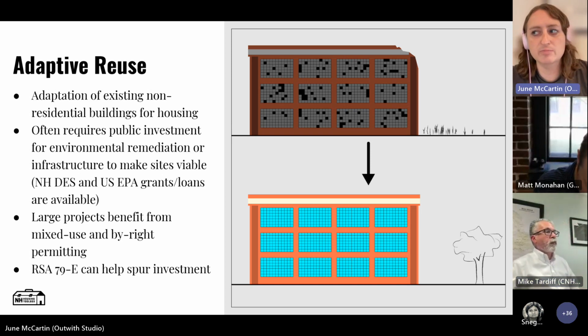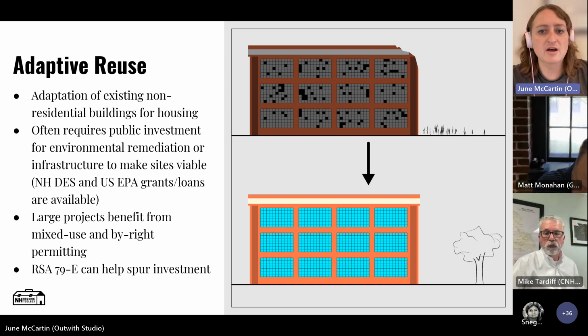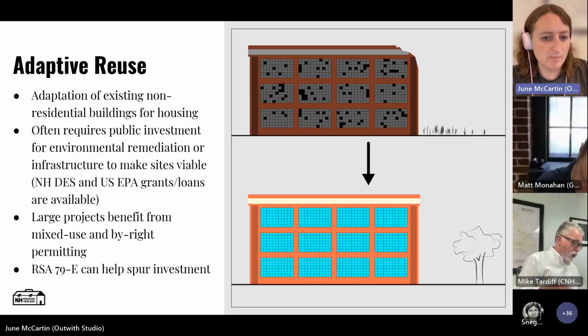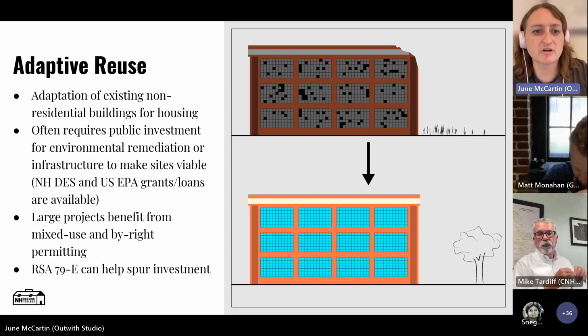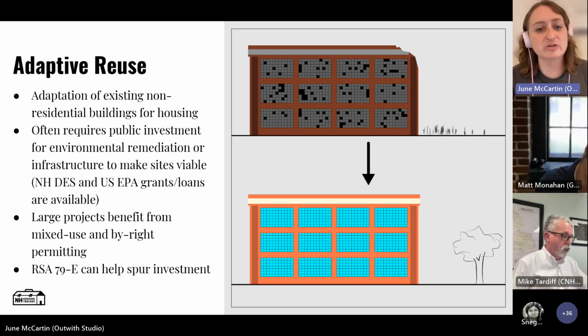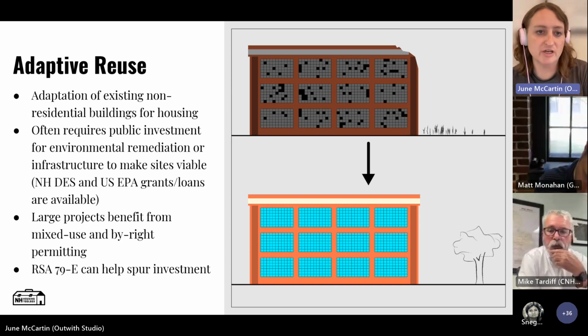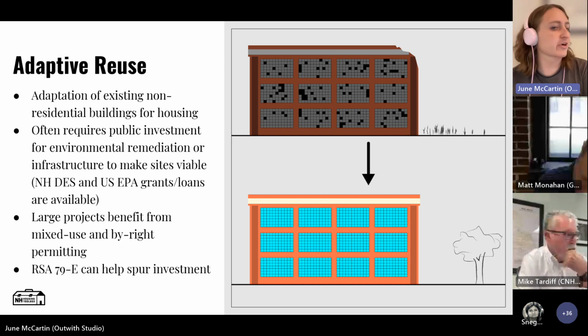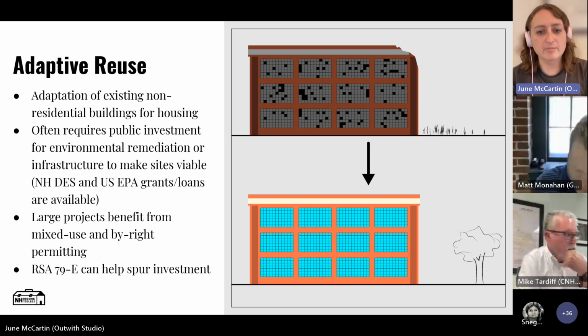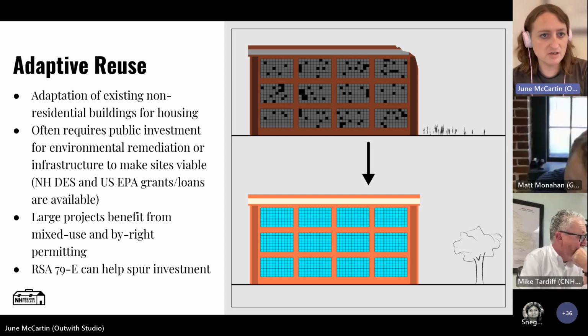These are buildings that can be well suited in certain cases to residential uses. Now these are complex projects. To make an older building meet contemporary building standards for residential can be quite difficult. And then there's the question on the mill industrial side of environmental remediation and brownfields. So very complex projects can involve a lot of upfront costs.